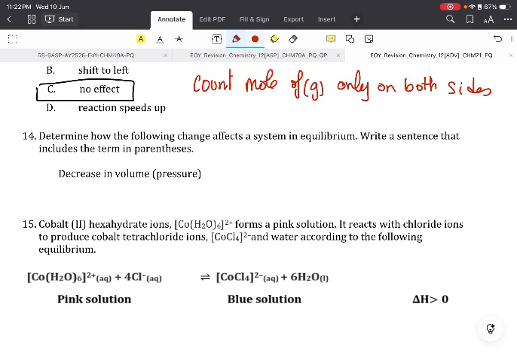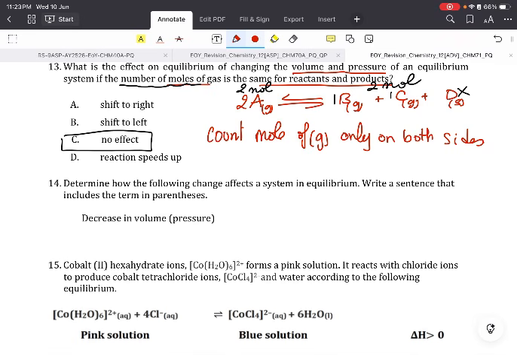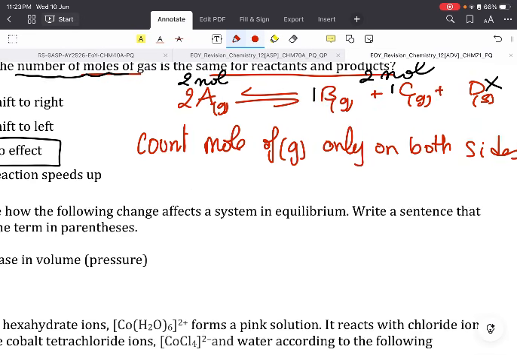Determine how the following change affects a system in equilibrium. Write a sentence that includes the term in parentheses decrease in volume. So let's say for this question I'm just gonna give you again the same example, but this time I'm gonna say I have 2A gas giving 1B gas and D solid.